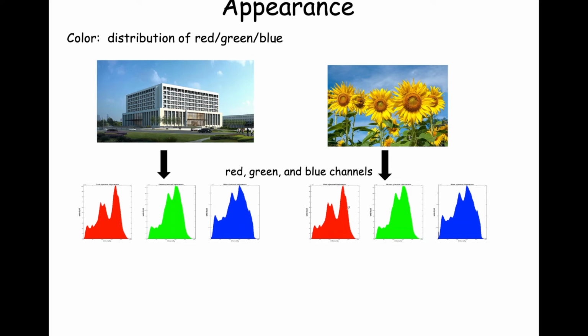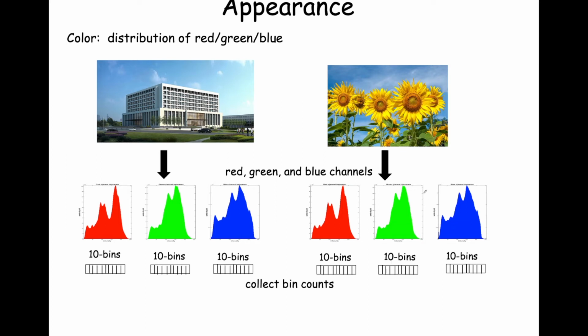And we compute the intensity for the red channel, the green channel, blue channel, likewise for the sunflower field. So now then, suppose we depicted this red channel as 10 bins for the histogram for red, 10 bins for the histogram for green, 10 bins for the histogram for blue. We do the same with the sunflower field.